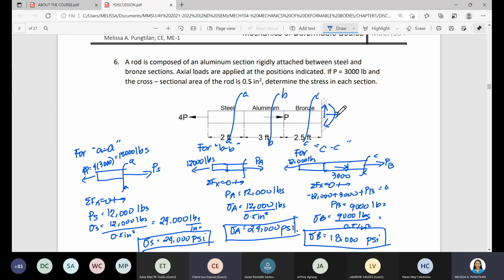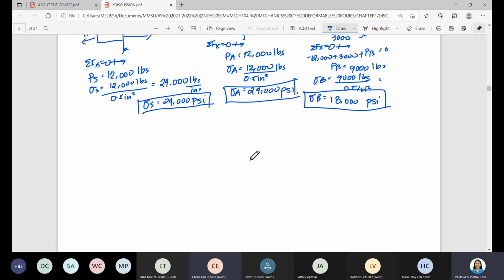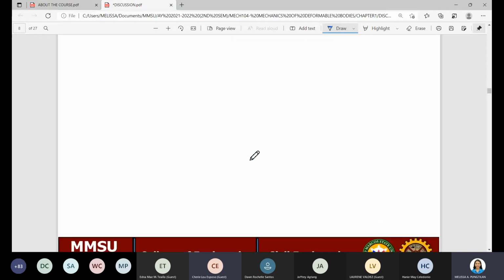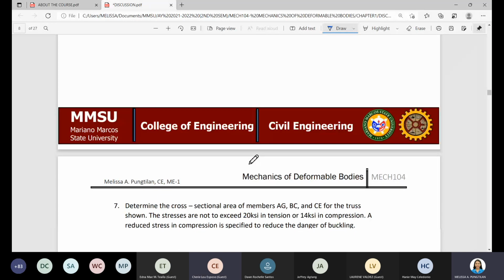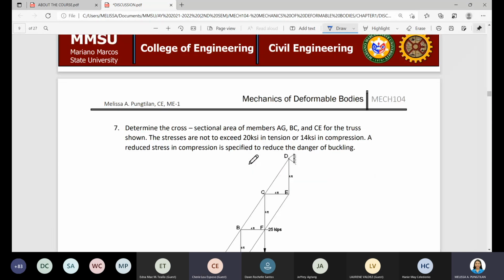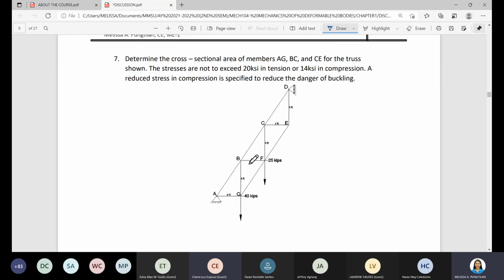So, kung walang tanong, I am giving you a seat work that you will accomplish later on after the class or after itong meeting natin. So, kindly solve for this one. Paki-complete po mamaya itong ating example number 7.